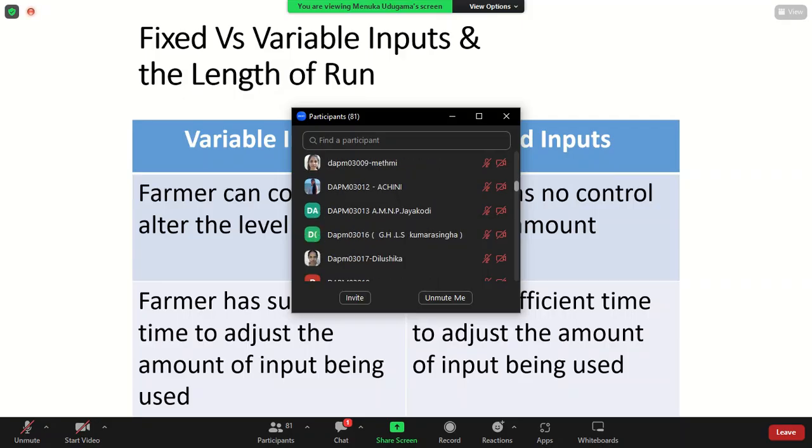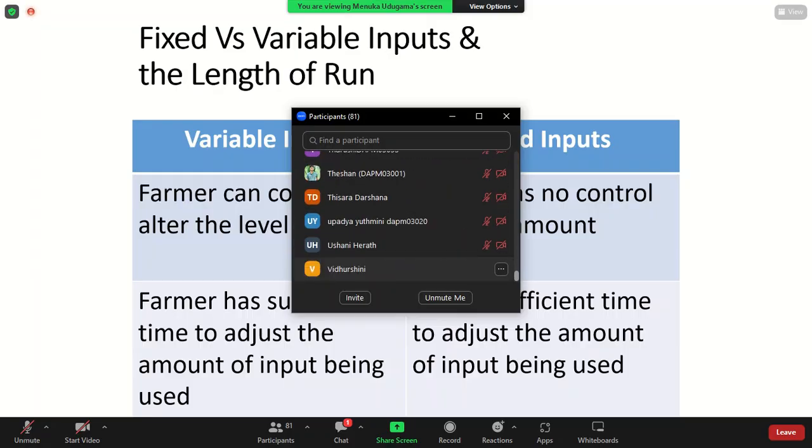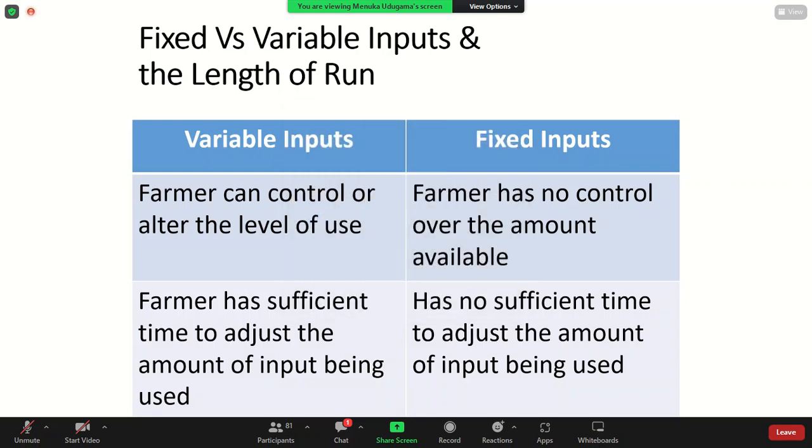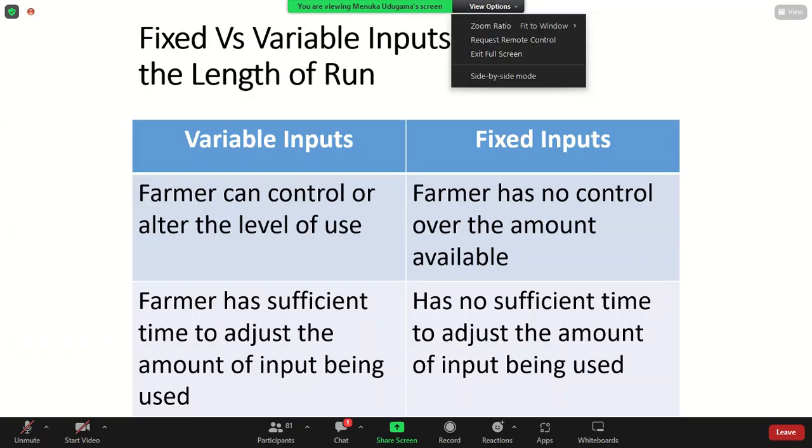But even if I want to change the land area, let's say I want to increase the land. Maybe I have 1 acre, but I want to increase it up to 2. I can't do that in 6 months as a small scale farmer, let's say. So therefore, land is a fixed input for me.